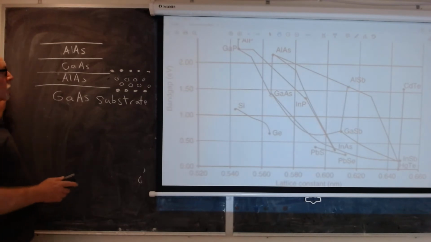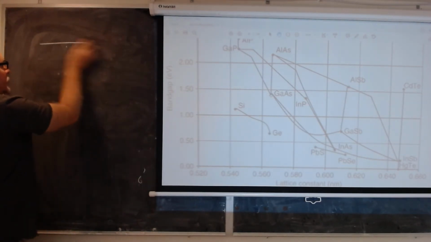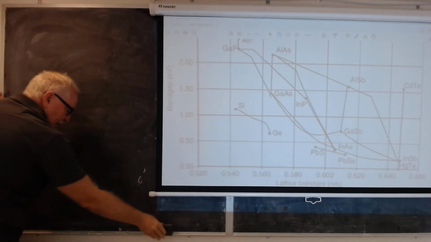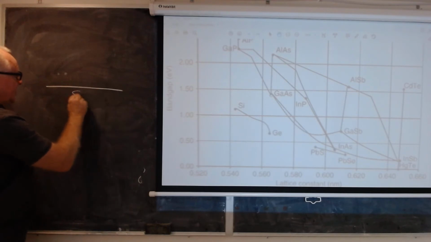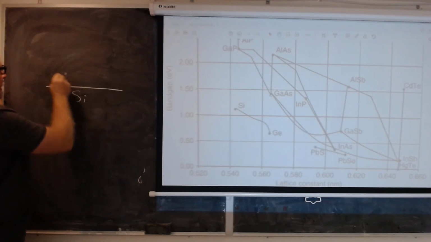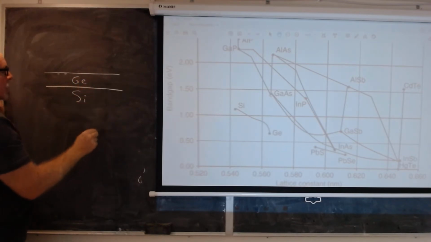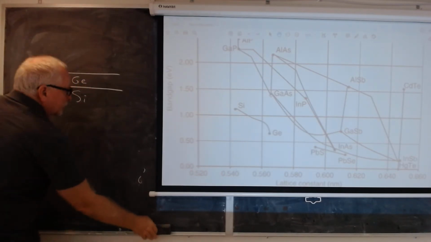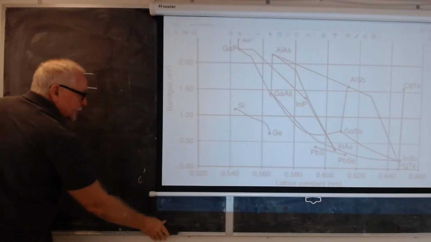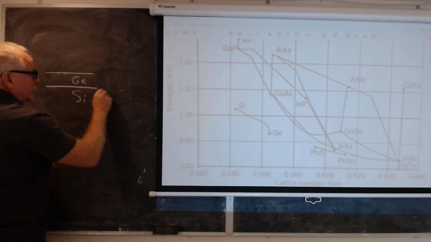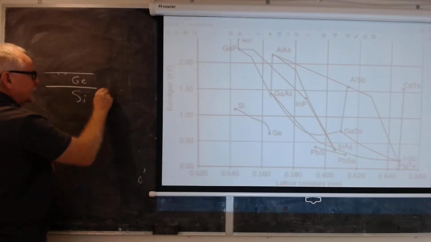Now, I'm going to cover another case that we talked about last time, which is that if I do silicon, okay, and then I do germanium, all right, now, this is not a happy situation because silicon is on a narrower lattice.